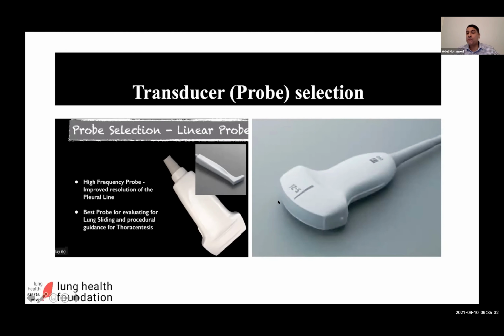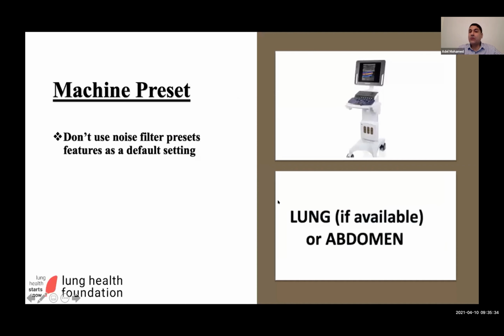What about the machine? The good news is that lung ultrasound does not necessitate a sophisticated ultrasound machine, similar to the echo, where you need more filters for the scan. So any point of care ultrasound should be okay to do the lung ultrasound, as long as you turn off the noise filter, because you need to see the artifacts.